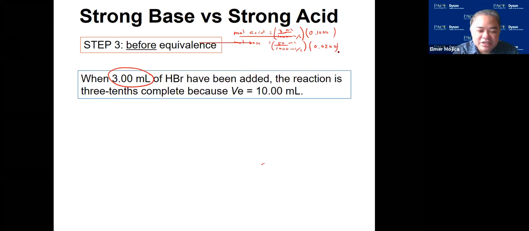So if you're going to look at the calculation here, 3 divided by 1000 times 0.1, and then 50 divided by 1000 times 0.02. So I have this one. Which one will remain in excess, the acid or the base, after you add 3 ml of the acid?